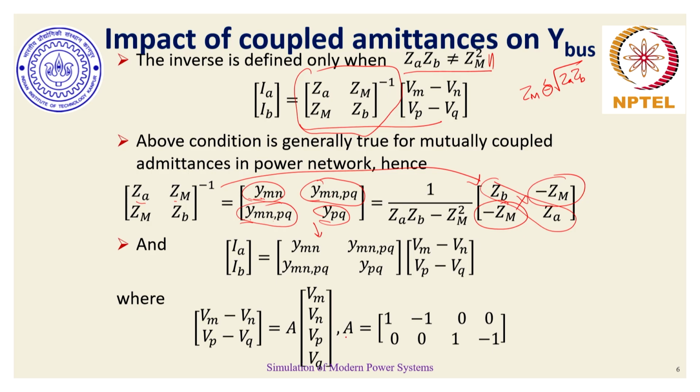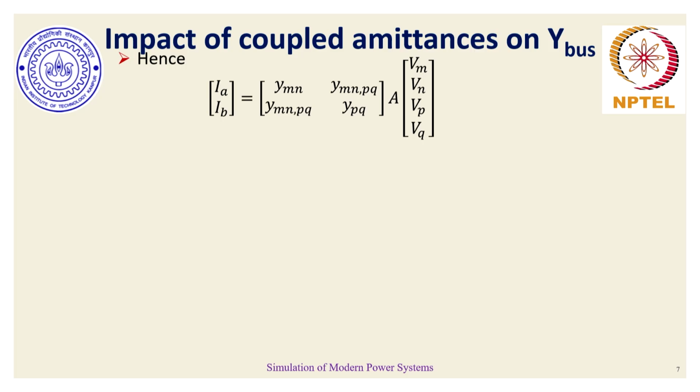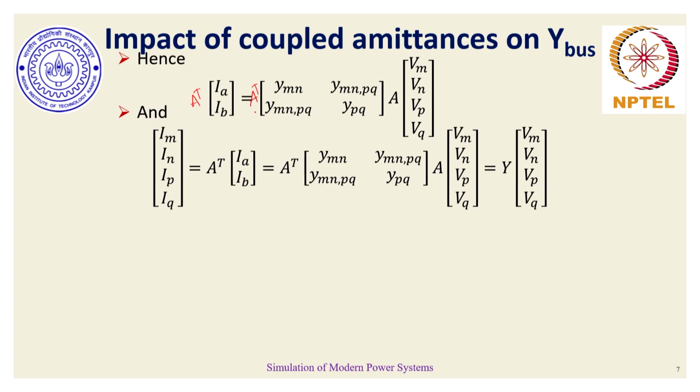The same A matrix that we saw for correlating branch currents and bus currents can be used to rewrite this in terms of individual bus voltages. Now, if we compile everything together and multiply by A transpose on both sides, we would have bus currents on the left hand side, and on the right hand side Vm, Vn, Vp, Vq.